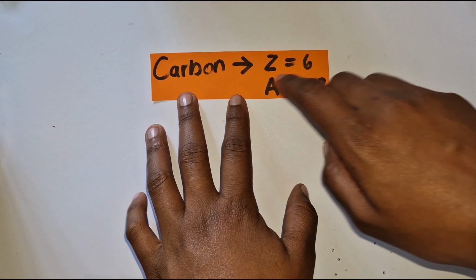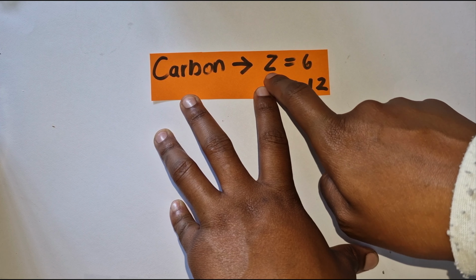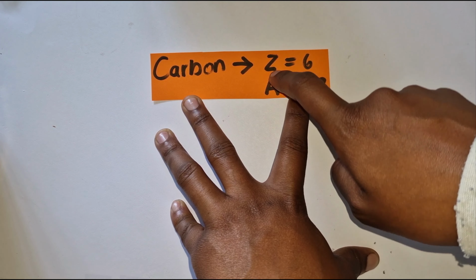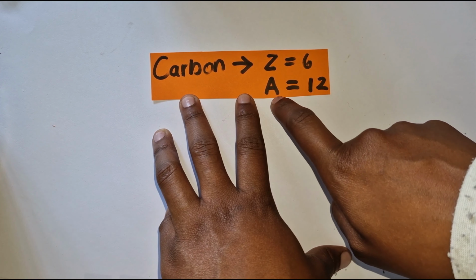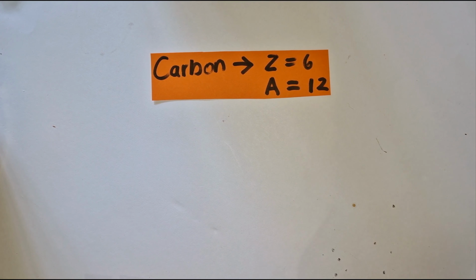Let's take a look at carbon. Carbon has an atomic number of 6, or Z equals 6, or the number of protons in carbon is 6. And I tell you that it has an atomic mass number of 12. How many neutrons does carbon have?